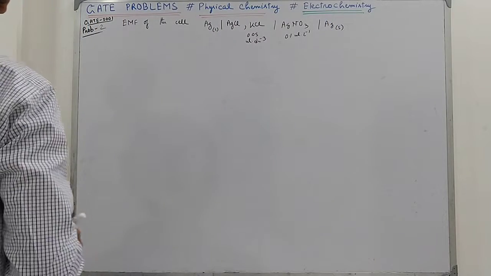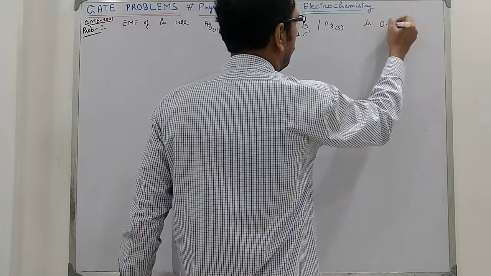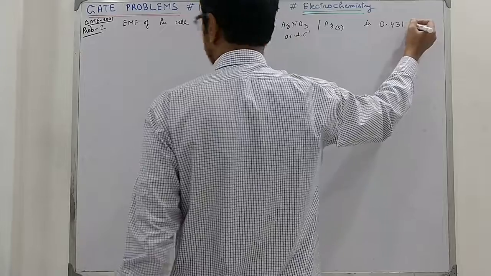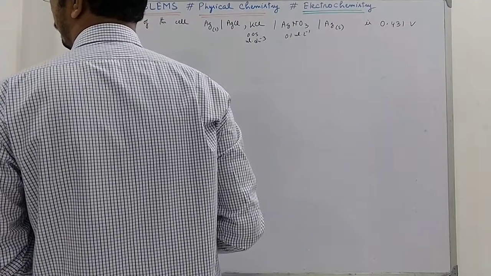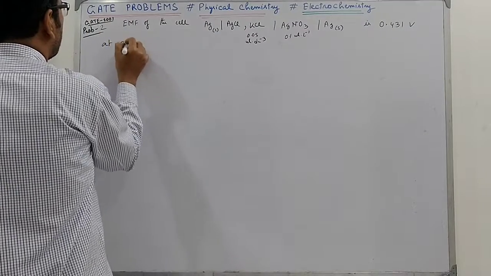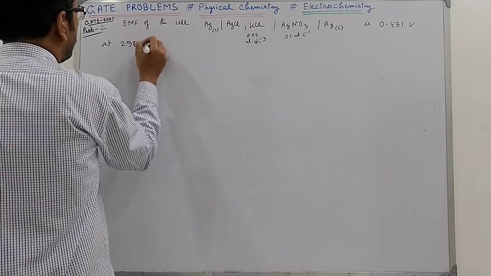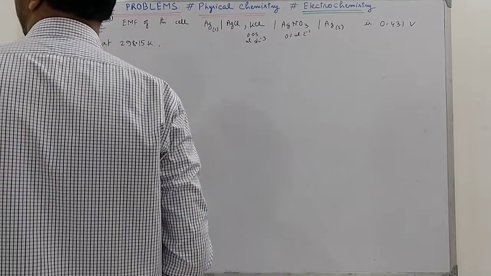Now the EMF of the cell is 0.431 volt at 298.15 Kelvin.